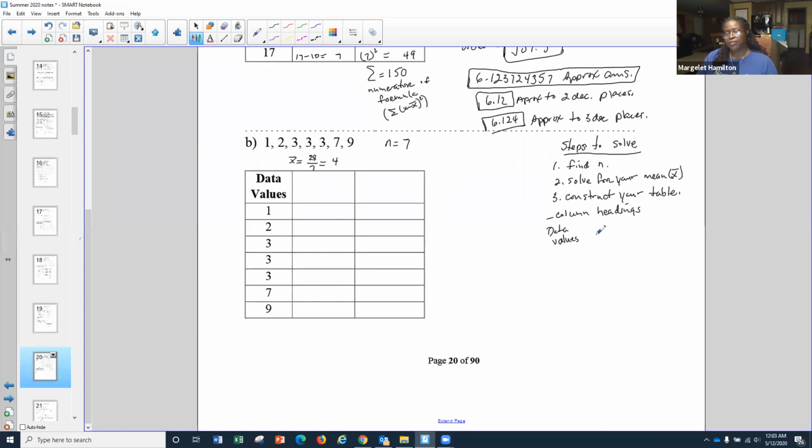Then you have x minus x bar. Then you have x minus x bar all squared. Okay. Those are your column headings.